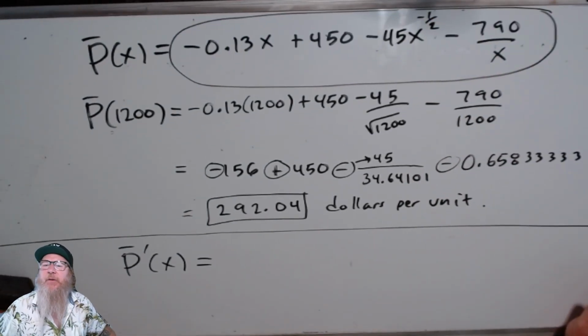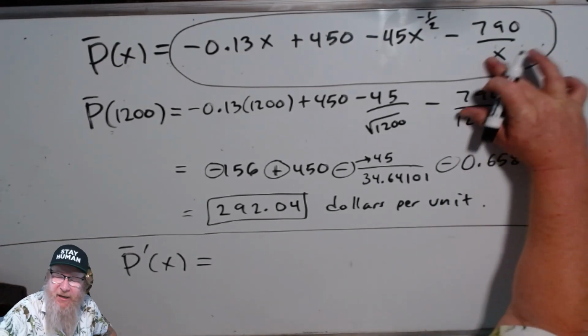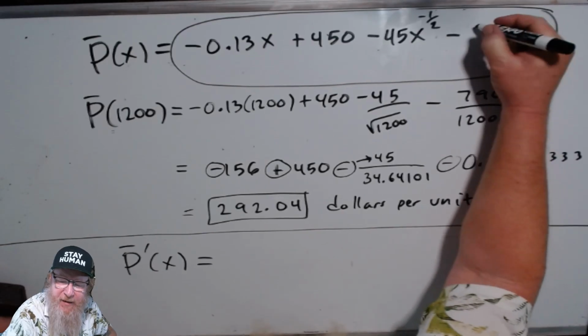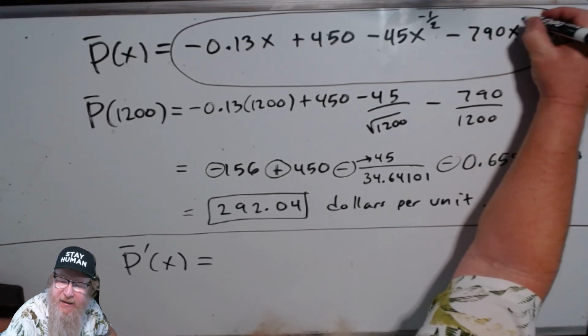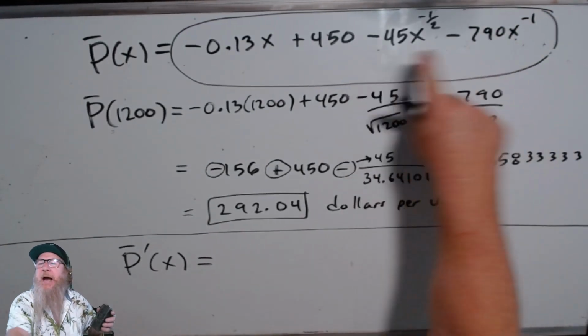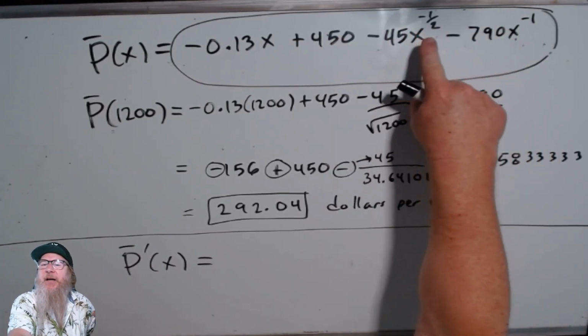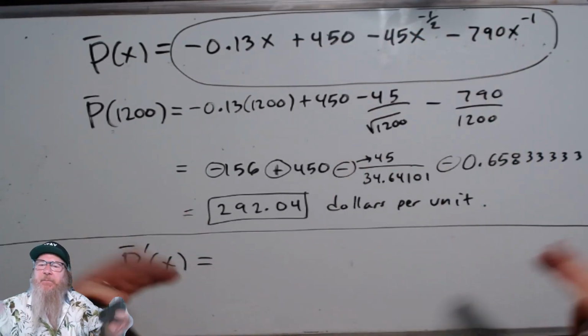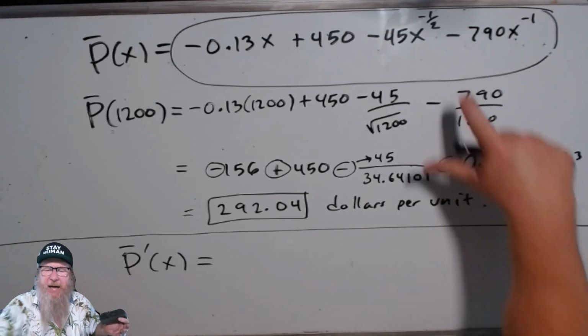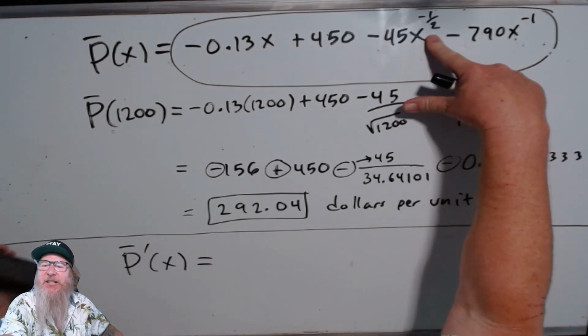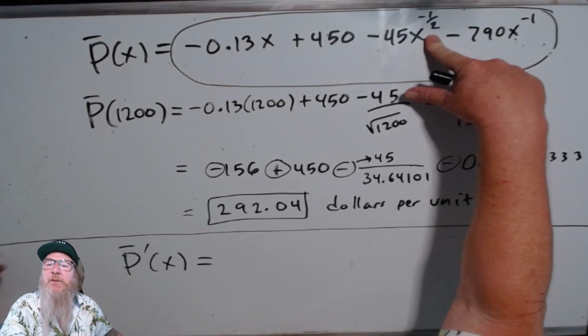I remember from earlier in the chapter, square roots are the same as halves. And then I'm going to write this 790x to the negative 1. When you're preparing to take a derivative, getting rid of square roots and writing them as half powers makes it a lot easier because you have the rules that we learned.